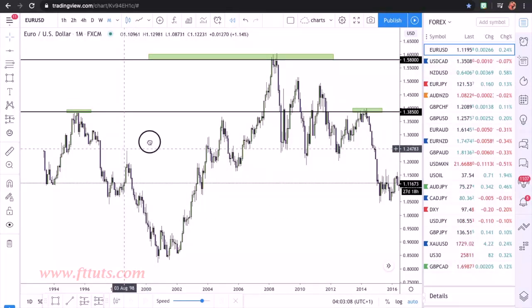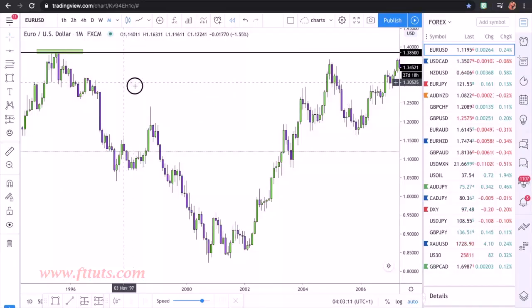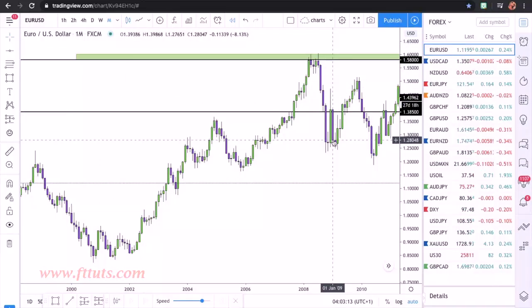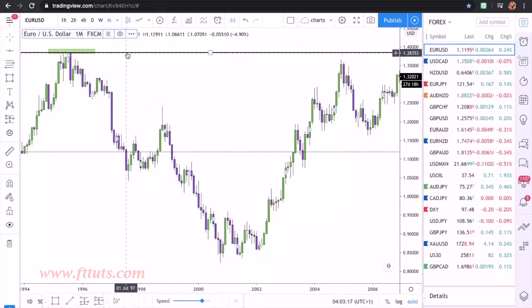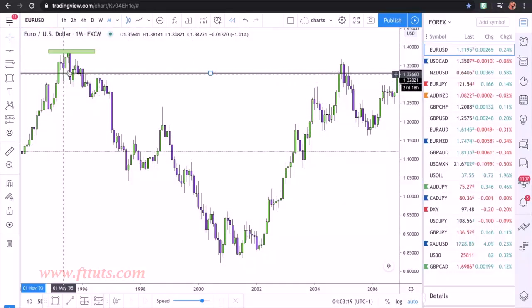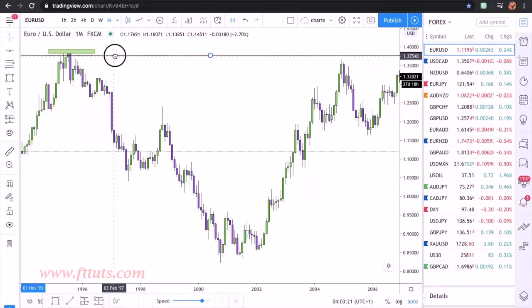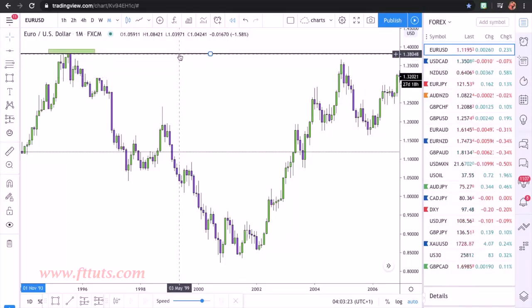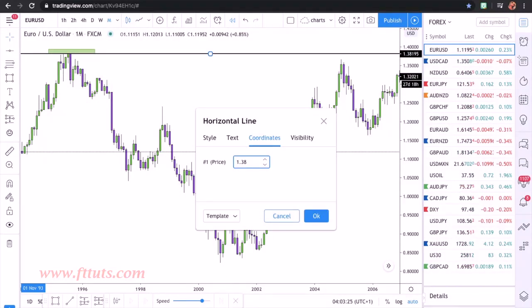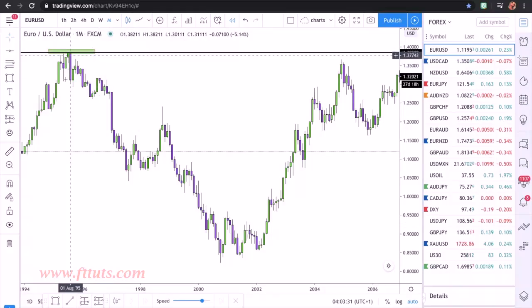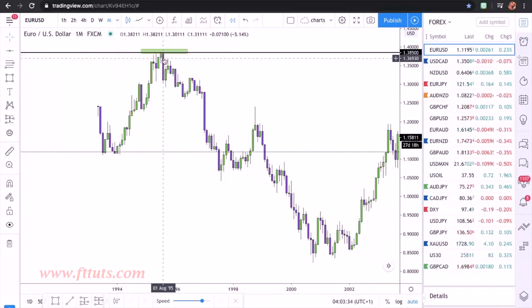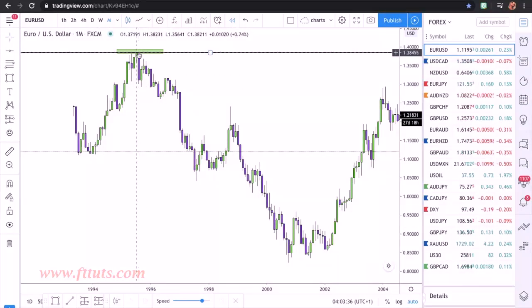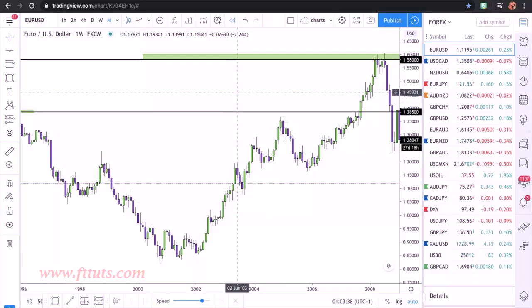We want to make sure it's not cutting candles too much. Obviously it's going to cut some, but not obviously like this. We want it at the level where it makes sense. This line is above the candlestick body, so it's good. It rejected in that zone perfectly.